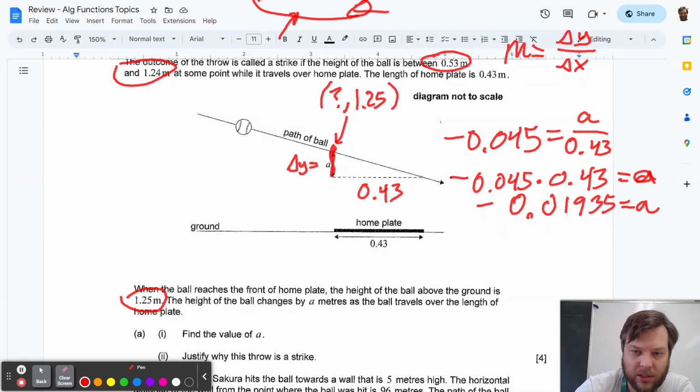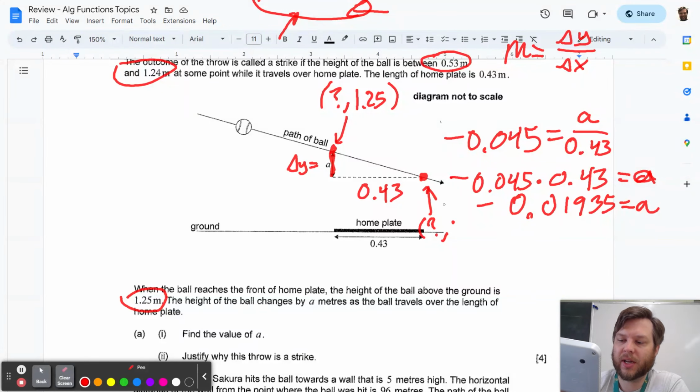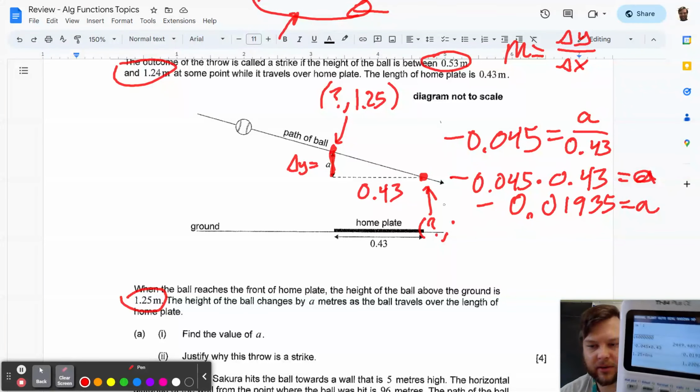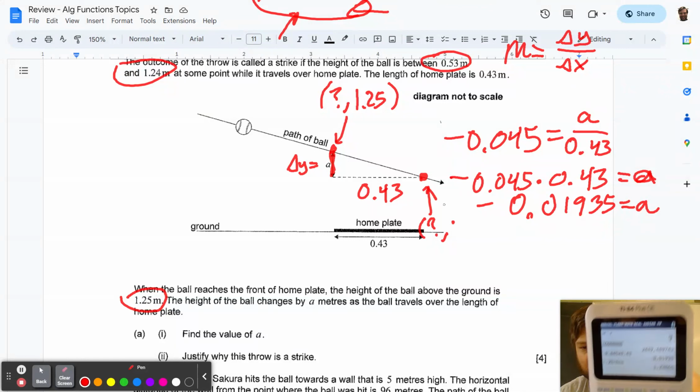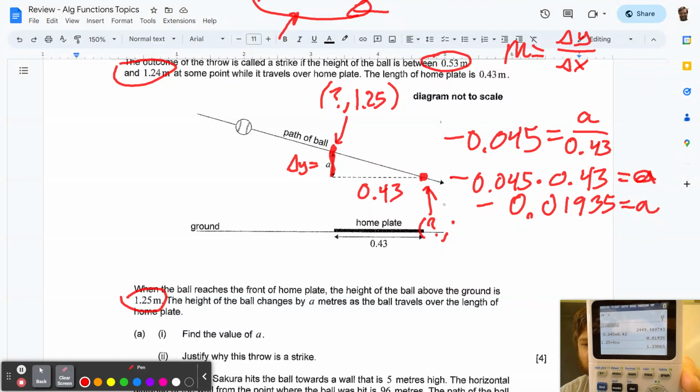And we know that this point over here is something, comma, we know the A value is how much it changed. So we just do 1.25 and we add our A value or subtract that 0.01935.